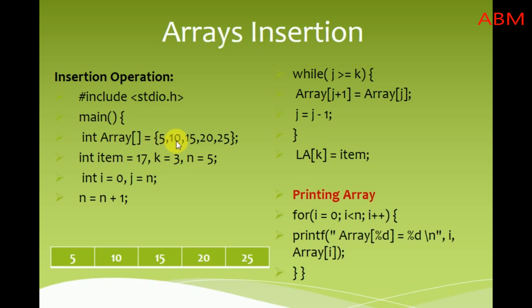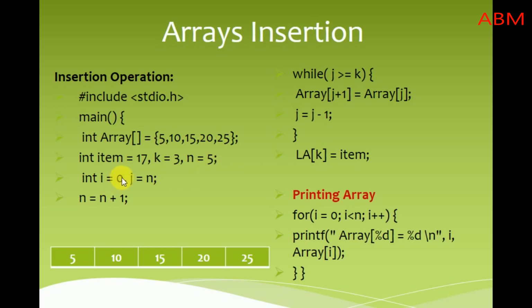In this array I am storing the elements 5, 10, 15, 20 and 25, and on the next line I am initializing another variable with the name item, which is equal to 17, and k is equal to 3. Actually I want to insert the 17 at position k=3, at index 3, and the current number of elements in the array is n equal to 5.